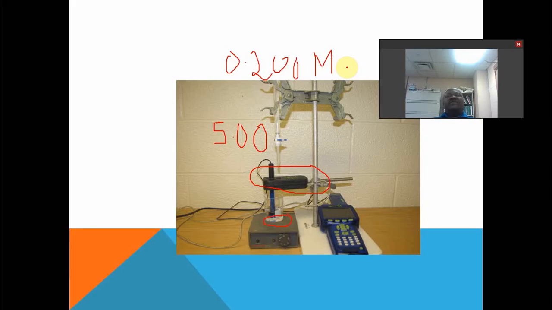Where do we expect the equivalence point? At the equivalence point, we've just added just enough of the base to react with the acid. So let's see here. How many moles is this? First of all, it's 5 milliliters of 0.2 molar.